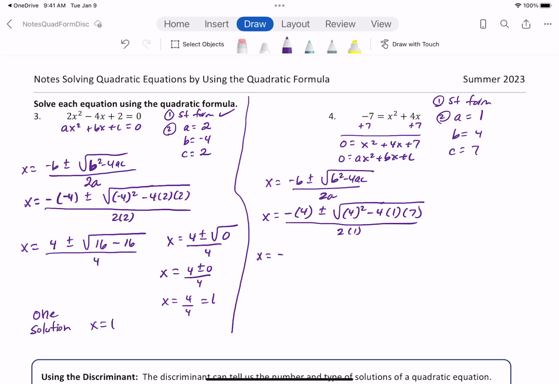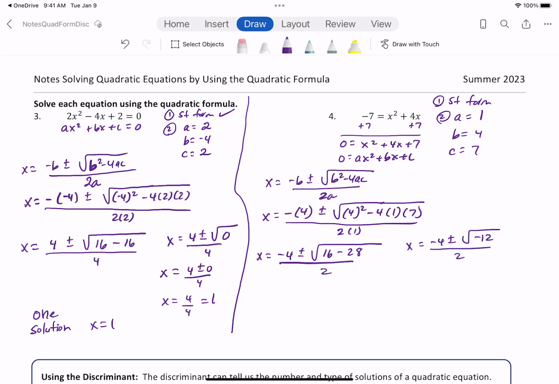So this time I get negative 4 plus or minus. Underneath, 4 squared is 16. Negative 4 times 1 times 7 is negative 28, over 2. So if we simplify under the radical, 16 minus 28 is negative 12, over 2.